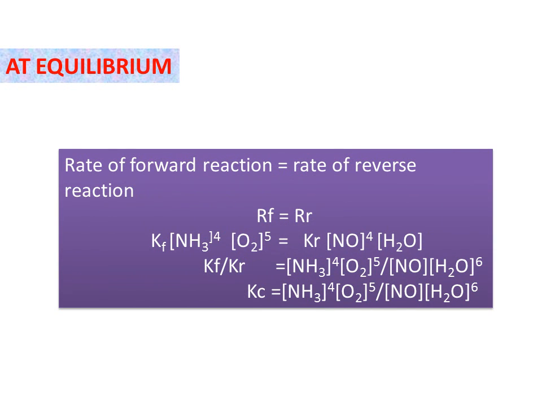At equilibrium, rate of forward reaction will be equal to rate of reverse reaction. So Rf will be equal to Rr, and now we will put the value of Rf. Kf, concentration of ammonia, concentration of oxygen, will be equal to Kr, concentration of nitric oxide, concentration of water.